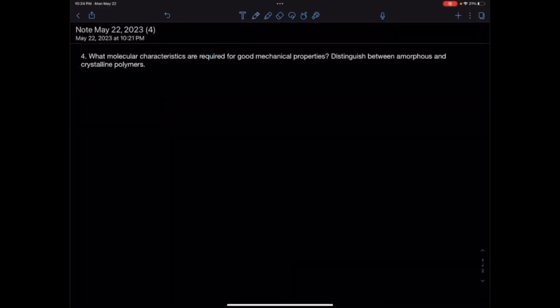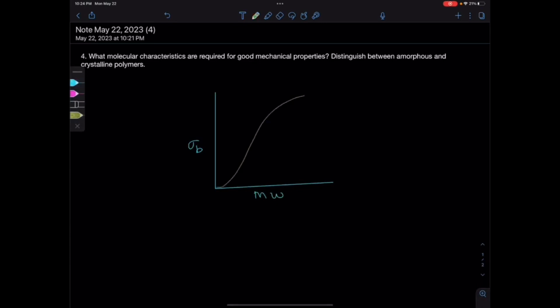What molecular characteristics are required for good mechanical properties? Distinguish between amorphous and crystalline polymers. A plot of the tensile strength of polymers to molecular weight is like this. At very low molecular weights, the tensile stress to break is almost zero. As the molecular weight increases, the tensile strength increases.